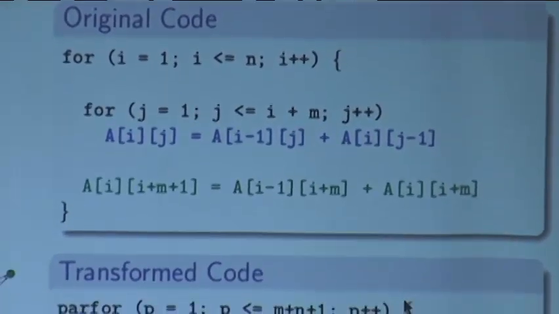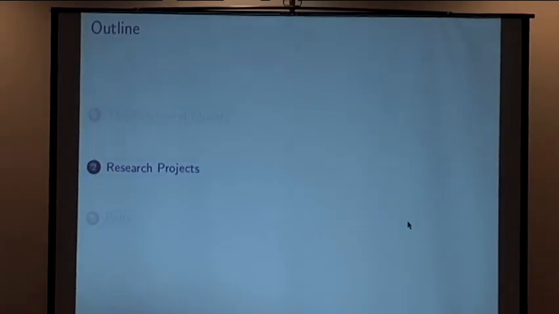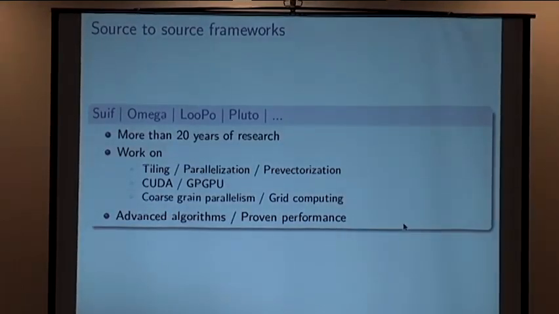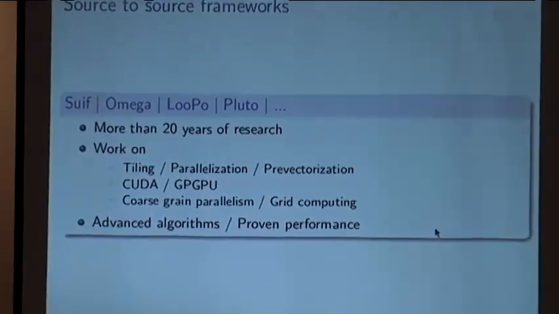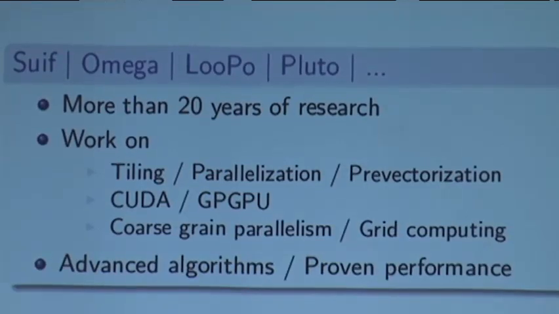This is actually something we don't do yet in Polly, but we have a lot of research projects, so I'd like to show you a little bit of what those projects can achieve. Maybe some of you know them already. There has been research for over 20 years, so it's a very old and still interesting area.